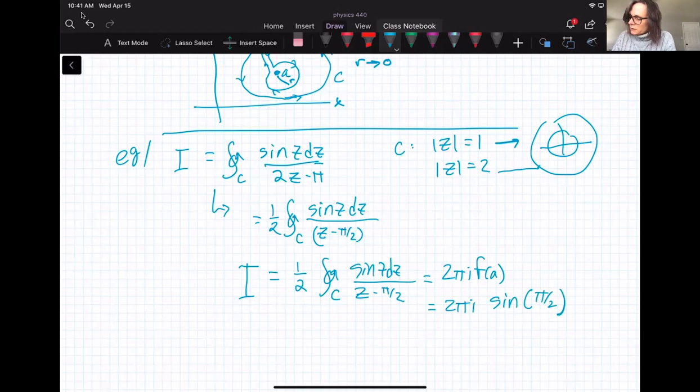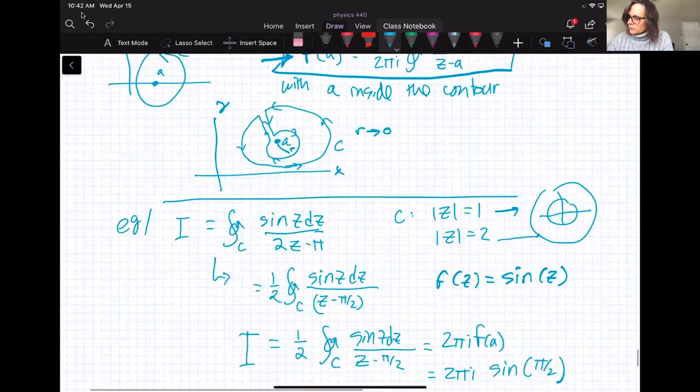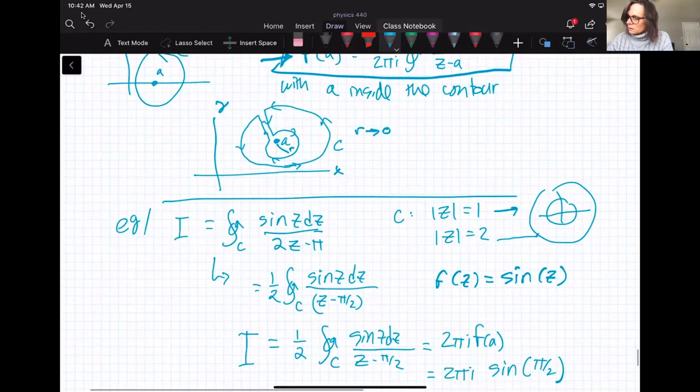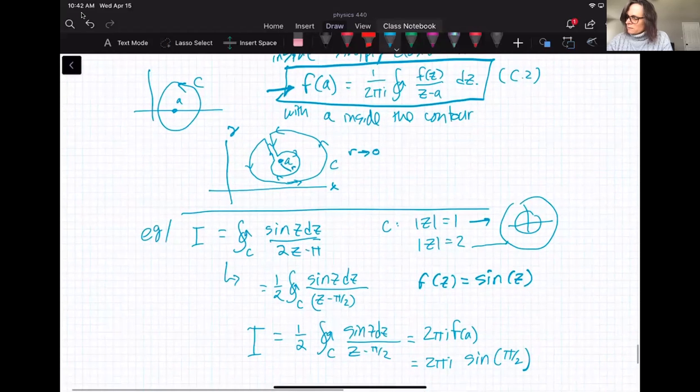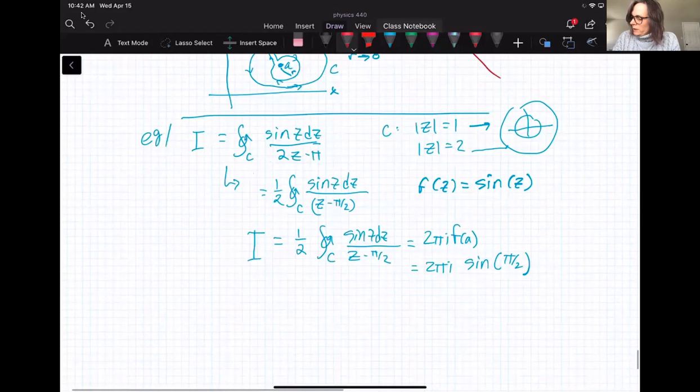And that's because we've identified f of z is equal to sine z. Right? If we go back, just real quick here so we can show this, our job when we do complex analysis like this is to identify what is our f of z that we're interested in, and then where does it become non-analytic, okay? And once we've identified that, we can evaluate this integral.